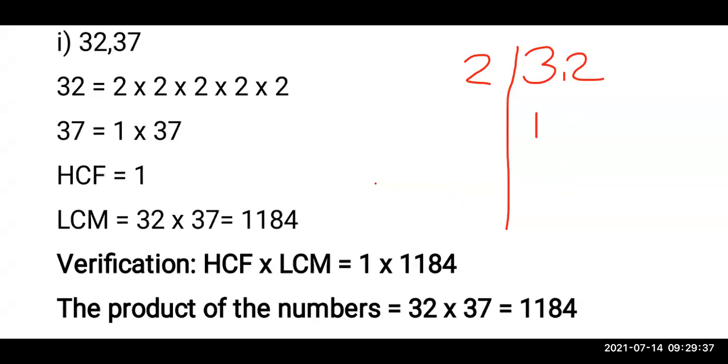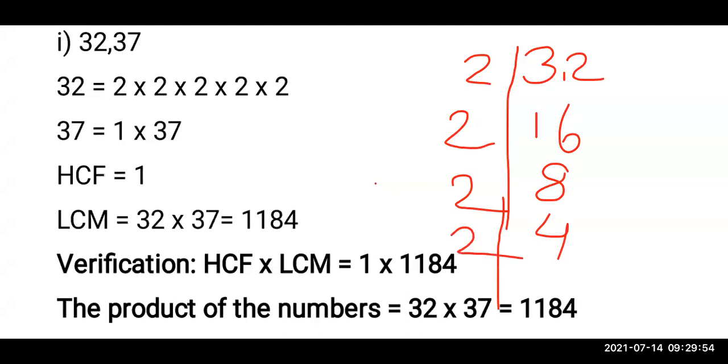Wait a minute. 2 ones are 2. 1 carry, it becomes 12. 2 6s are 12. Then once again 2 8s are 16. Then once again 2 4s are 8. Once again 2 2s are 4 and 2 1s are 2.